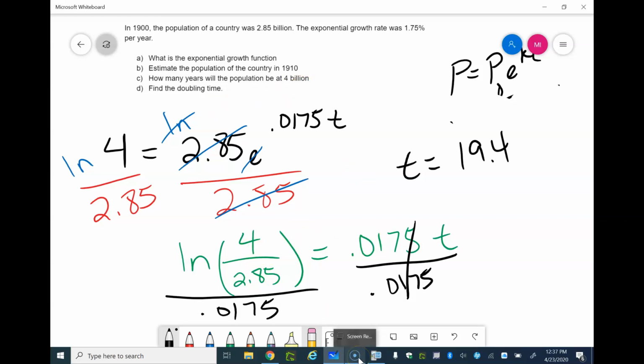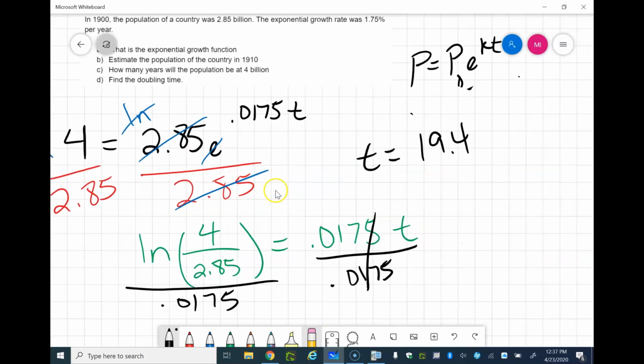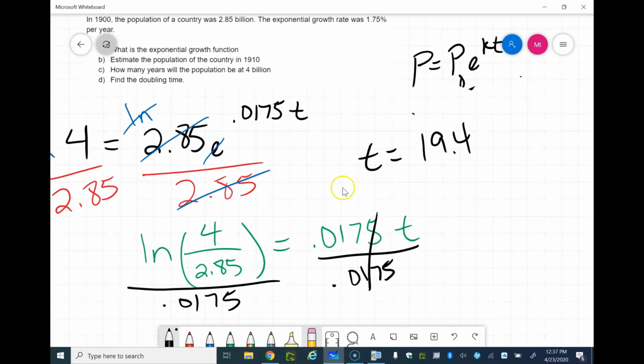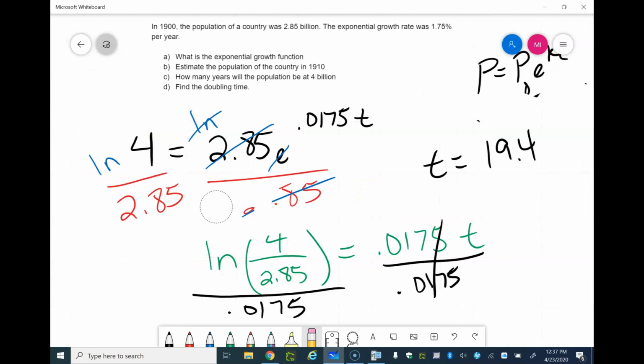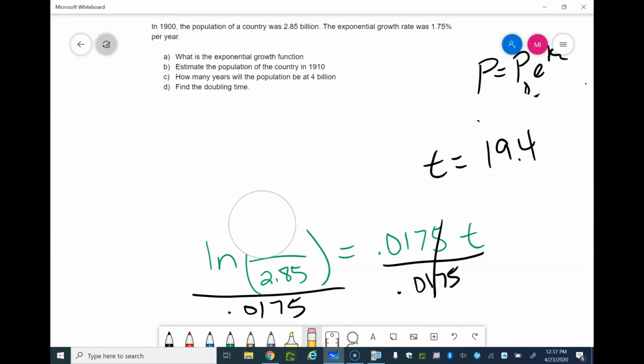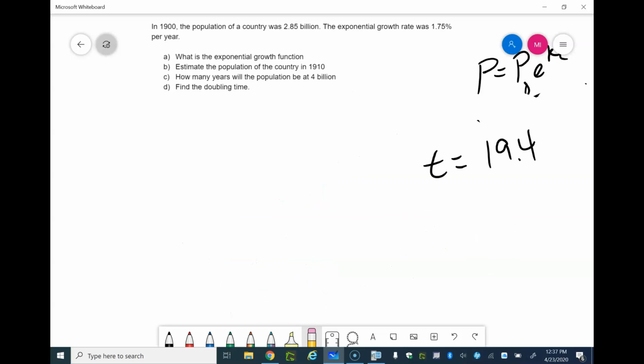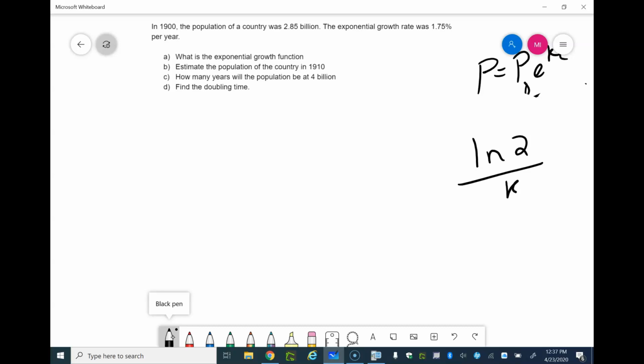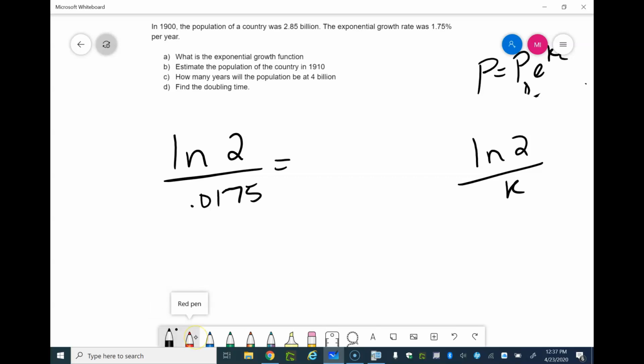Again, with the doubling time, like we discussed earlier, I think I deleted it. Let's go back and write it out again. The doubling time I talked about in the previous problem is ln of 2 over k. So for this particular one, it's ln of 2 all over 0.0175.